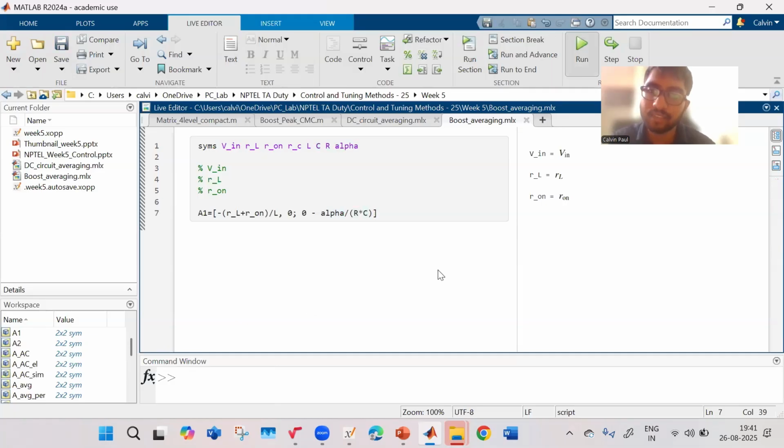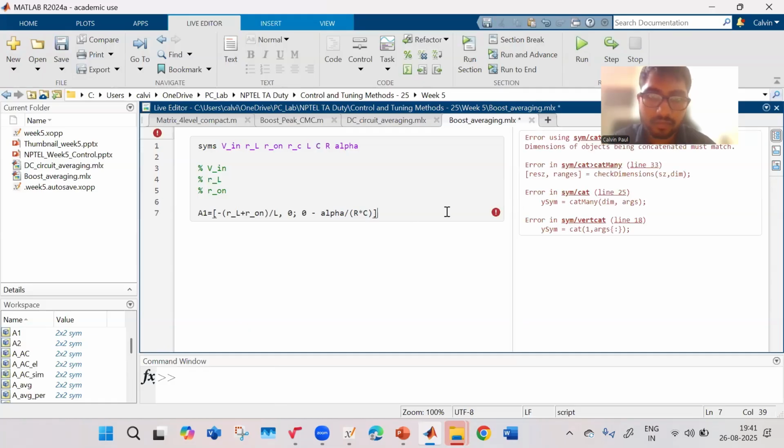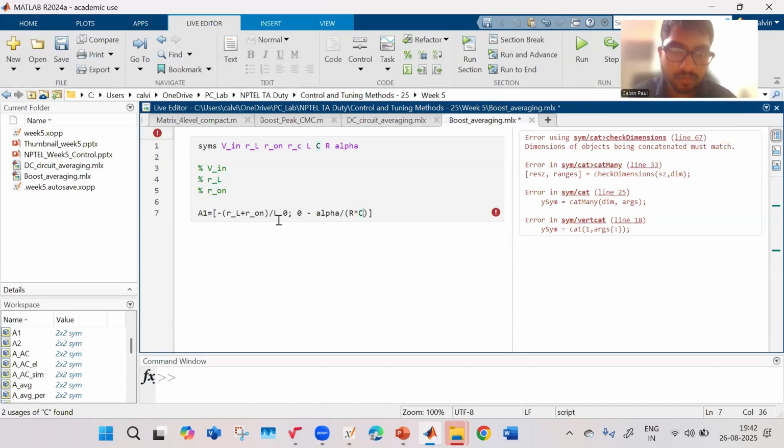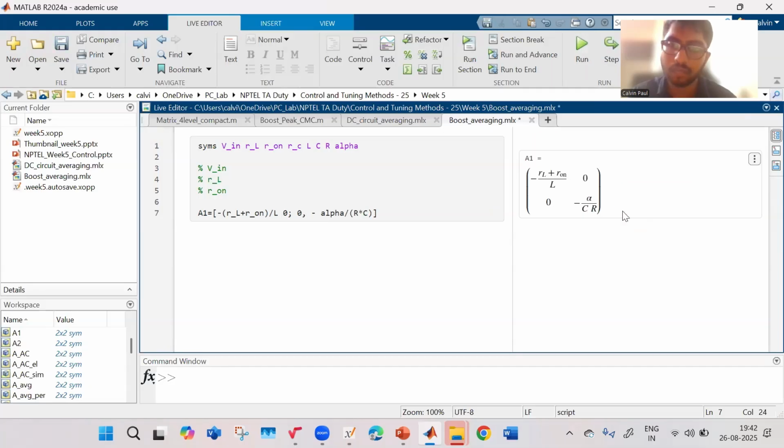Okay, this is done. Let us run it so that we will know. So this minus sign should not be here.